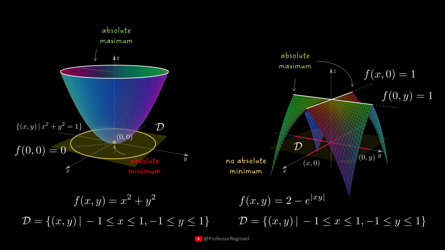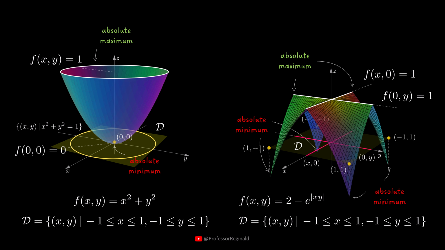And this is the absolute maximum value. In the second graph, aside from having an absolute maximum, the function now has an absolute minimum, which appears on these points on the boundary of the domain. And this is the absolute minimum value.